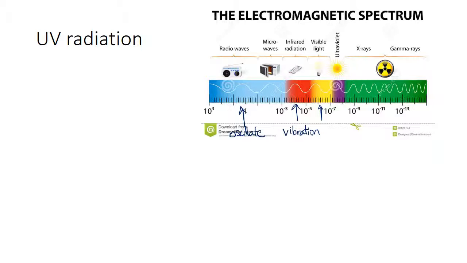At the high energy side of things, ultraviolet causes bonds to break. And up here, X-rays and gamma rays, you have ionization. So just across the spectrum, this is how the radiation interacts with matter. In the case of using radiation to disinfect water, we're going to be looking at the ultraviolet.